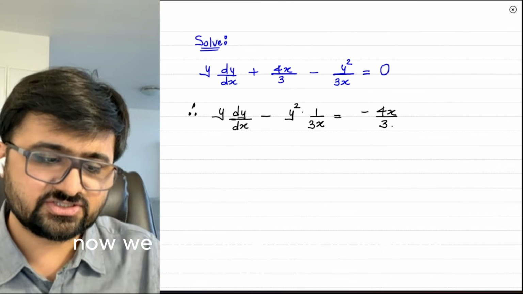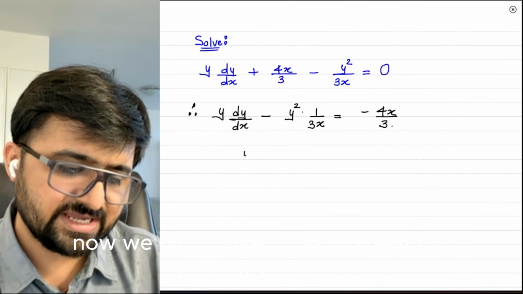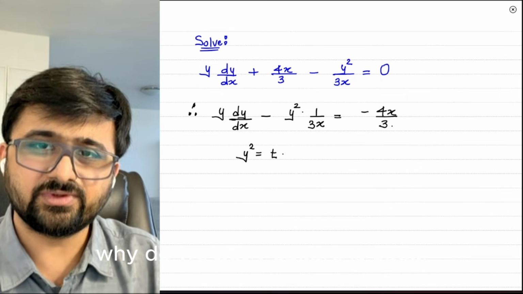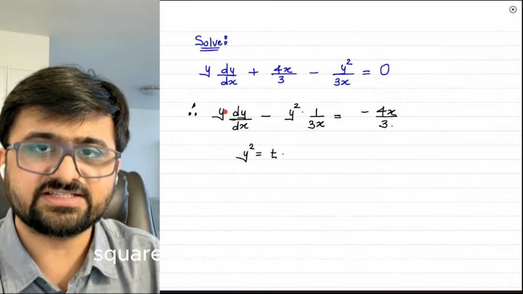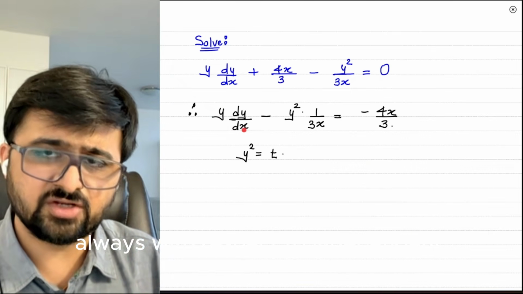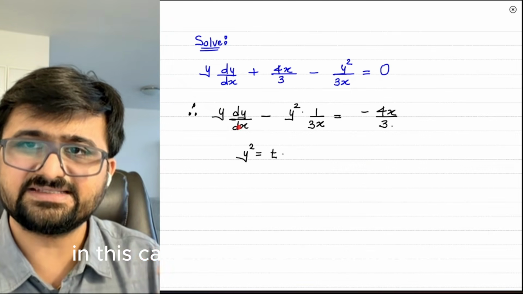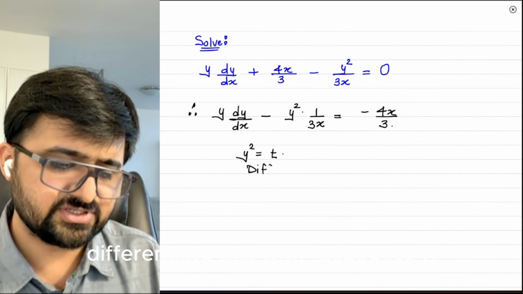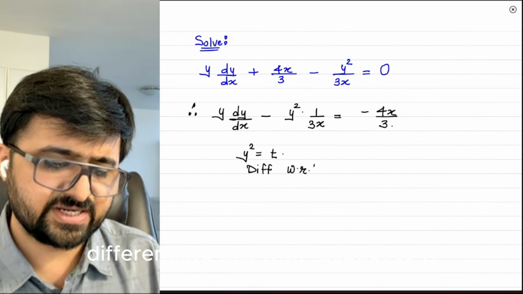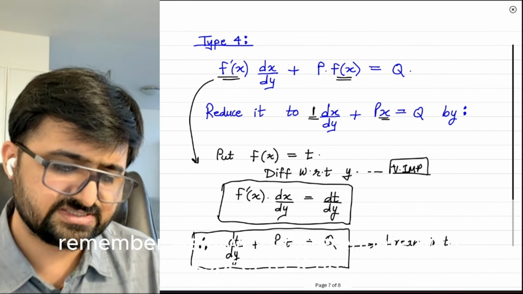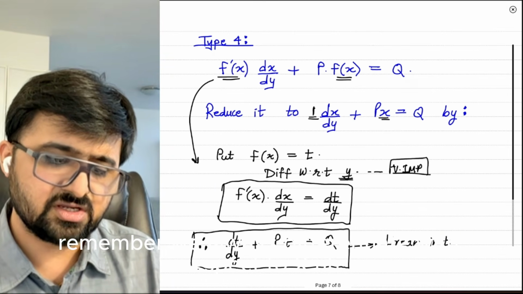Now we can convert this to linear by putting y^2 is equal to t. Why do we put y^2 is equal to t? Because the derivative of y^2 is present over here. Always remember that we always differentiate with respect to the independent variable.